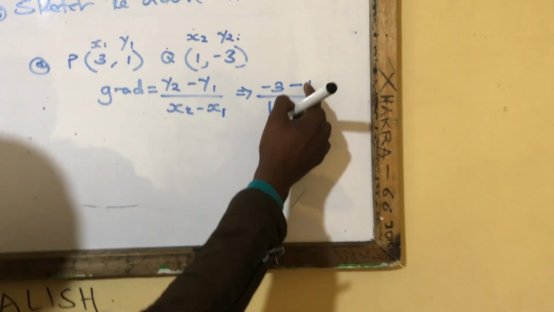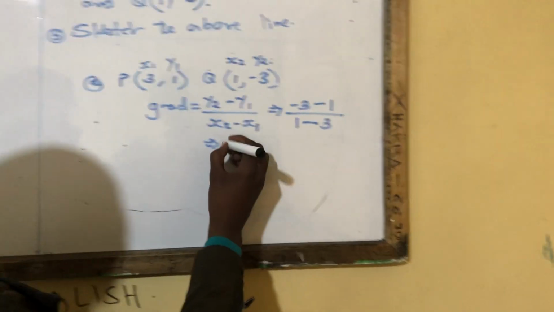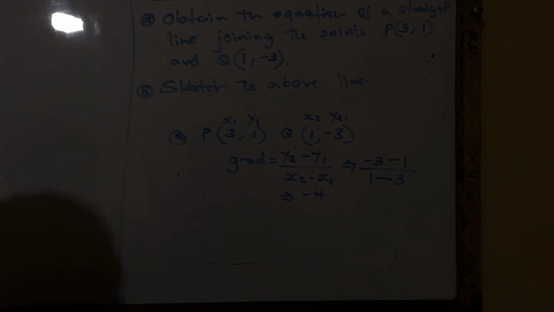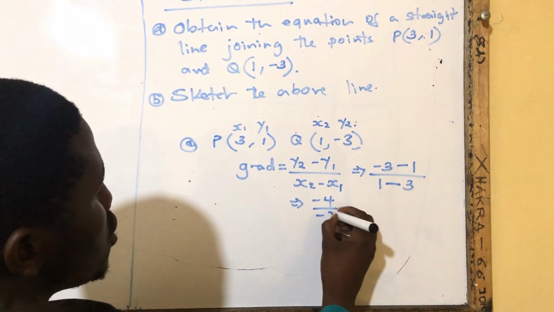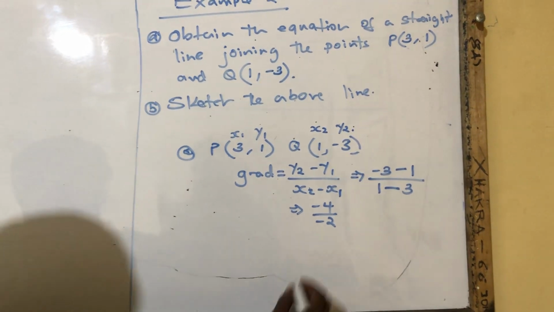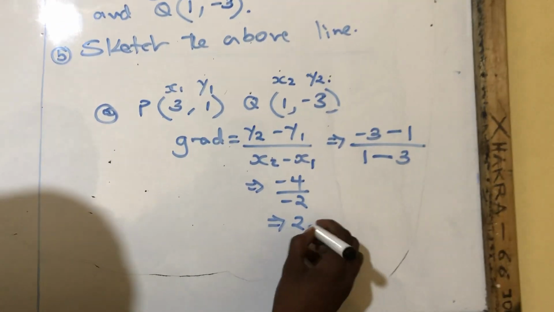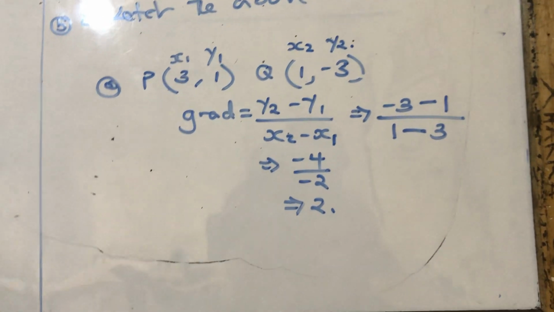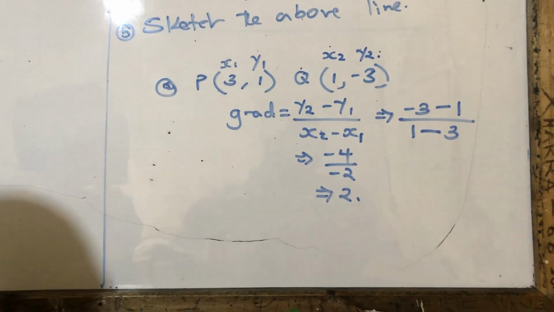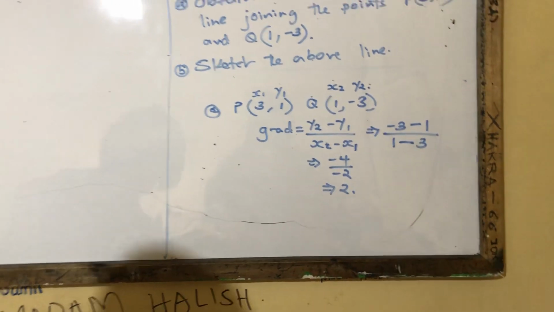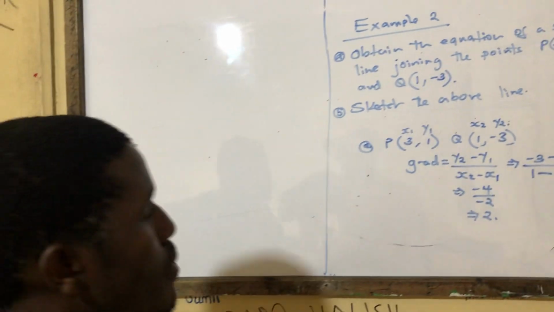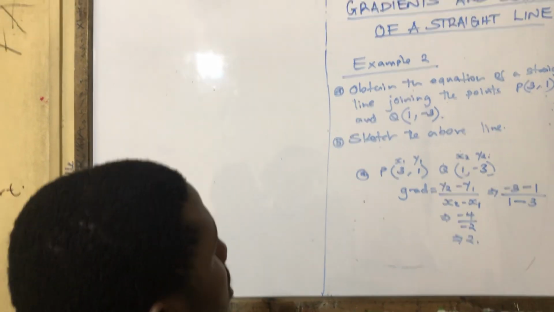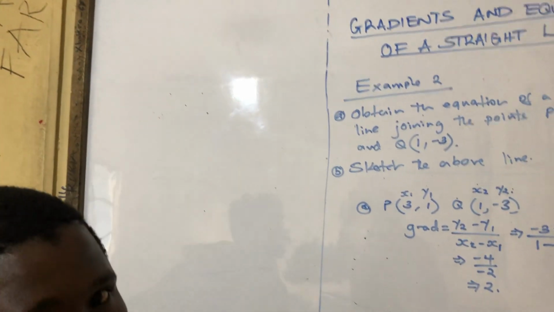Minus 3 minus 1 should give us -4, and 1 minus 3 should give us -2. That gives us a gradient of +2 if the two numbers are divided. We will then move into obtaining the equation of this line.